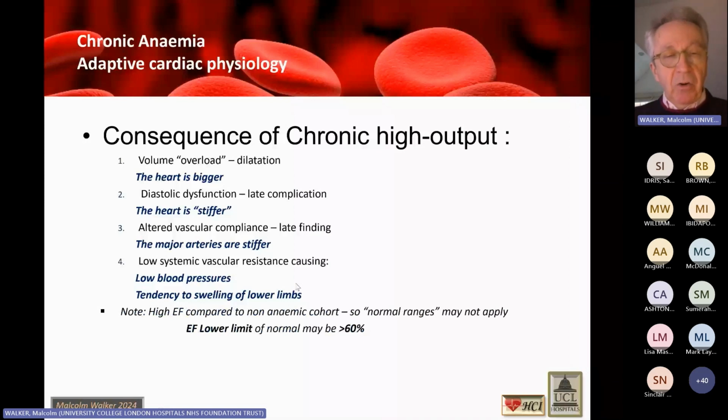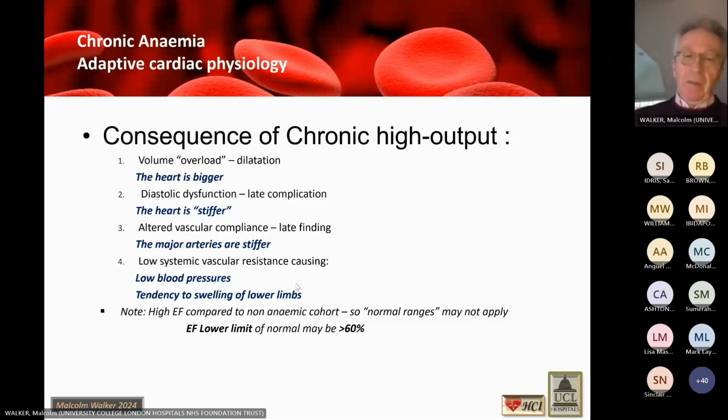The other thing just to note, when you get a report as a non-cardiologist of an echocardiogram that says normal ejection fraction: in the normal population, the median ejection fraction is between 55 and 65%. In the group of hemoglobinopathies, we know now that the lower limit is a bit over, it's actually 63%.